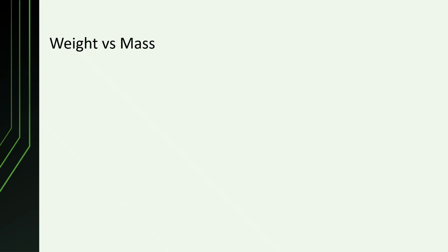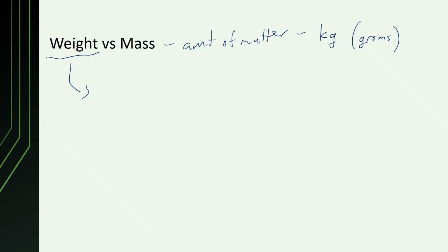Let's quickly review the difference between weight and mass. Mass is the amount of matter. It's a measurement of the amount of matter that something contains, and it's measured in kilograms as the SI unit. Very frequently you're going to see grams being used in this class. But weight refers to the force of gravity on an object.